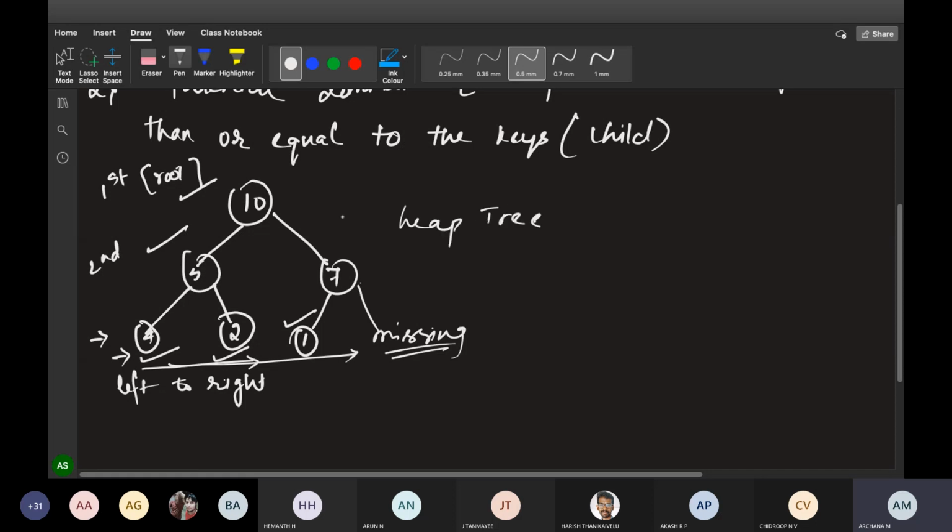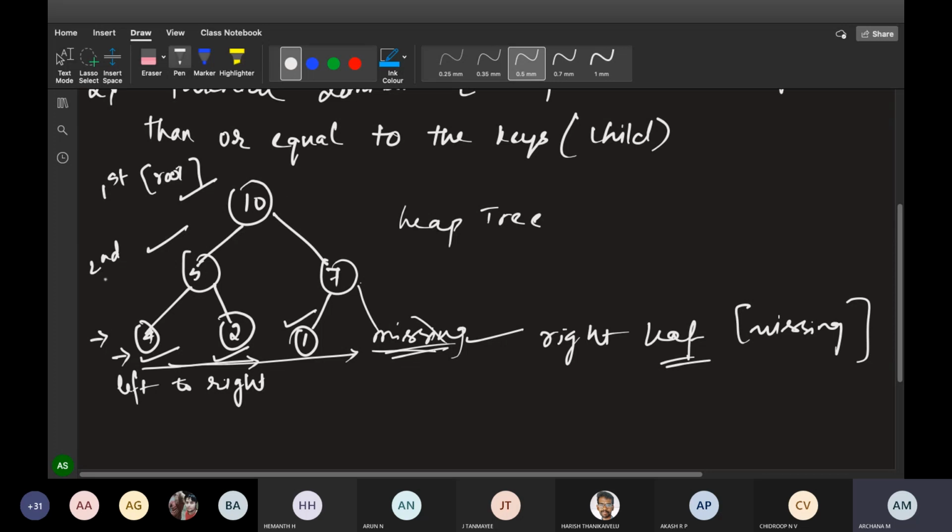Understood? This is a complete binary tree. Here the right leaf is missing, and even this is not there. It is still considered a binary tree, and it is a heap tree. This is very, very important. This is one condition we have to see.